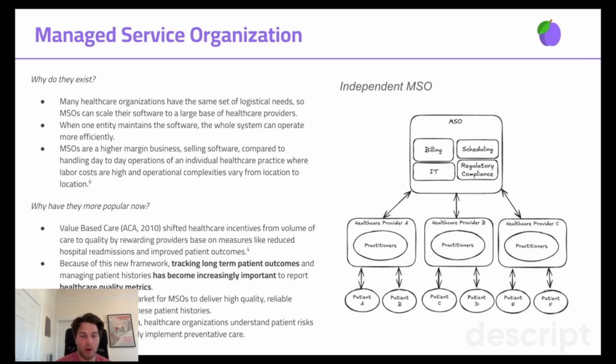This has created the market for managed service organizations to deliver high-quality, reliable software to maintain these patient histories and also be able to deliver your patient outcome metrics. With richer patient data, healthcare organizations can also understand patient risks and more effectively implement preventative care.